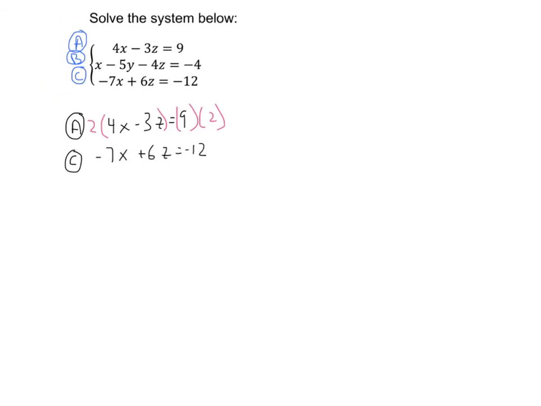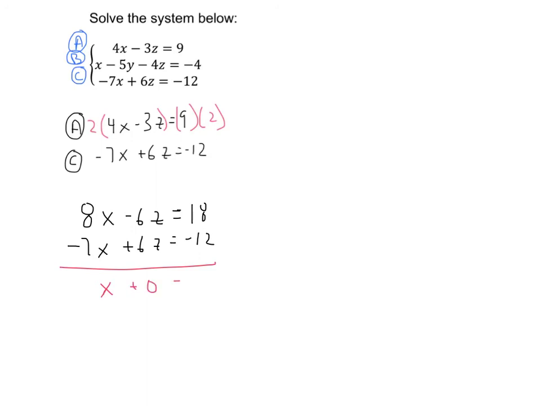That would give me 8x minus 6z is equal to 18. And then let's rewrite equation C: negative 7x plus 6z is equal to negative 12. If we add these 2 equations together, the z's will eliminate. We will have x plus 0 equals 6, or in other words, x is equal to 6.